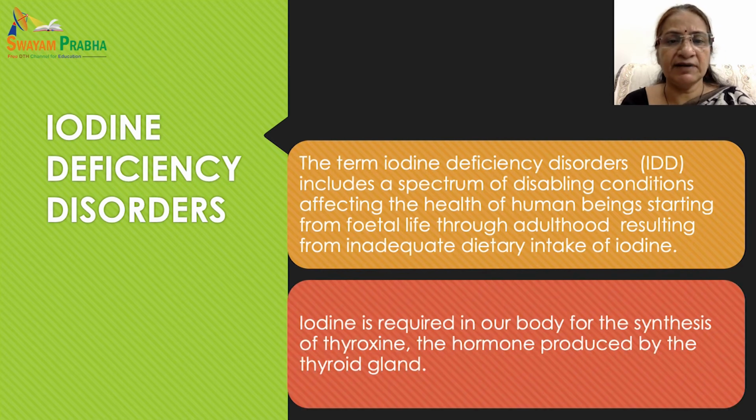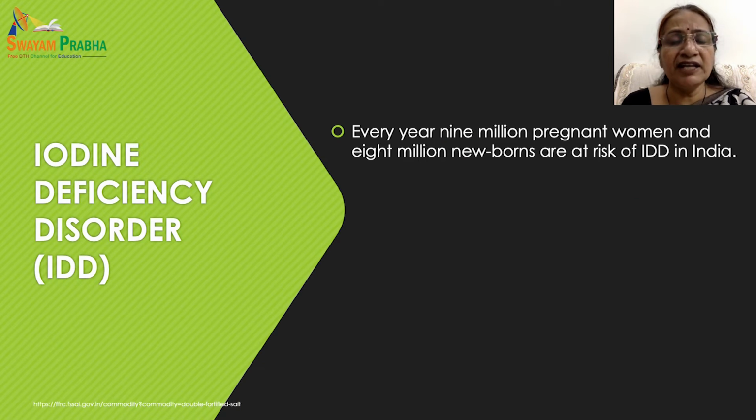Iodine is required in our body for the synthesis of thyroxine, the hormone produced by the thyroid gland. When iodine intake falls below the recommended levels, the thyroid gland is no longer able to synthesize hormone. Every year, 9 million pregnant women and 8 million newborns are at risk of iodine deficiency disorders in India.